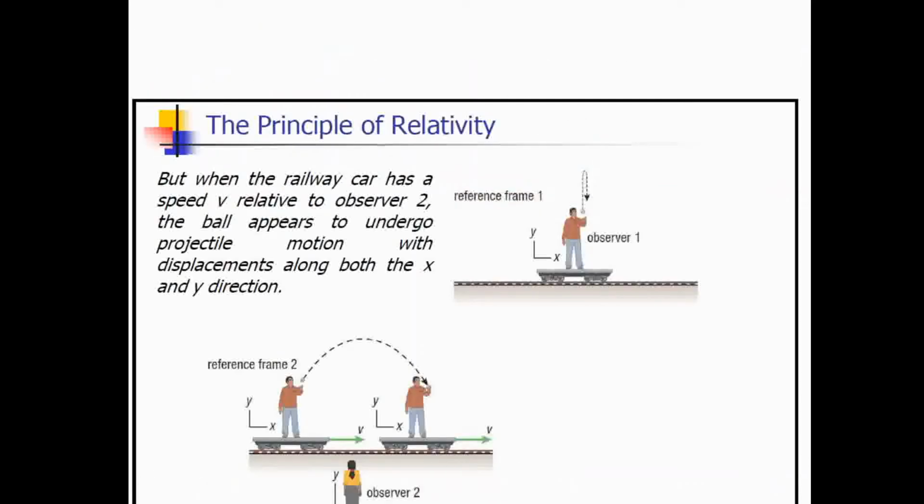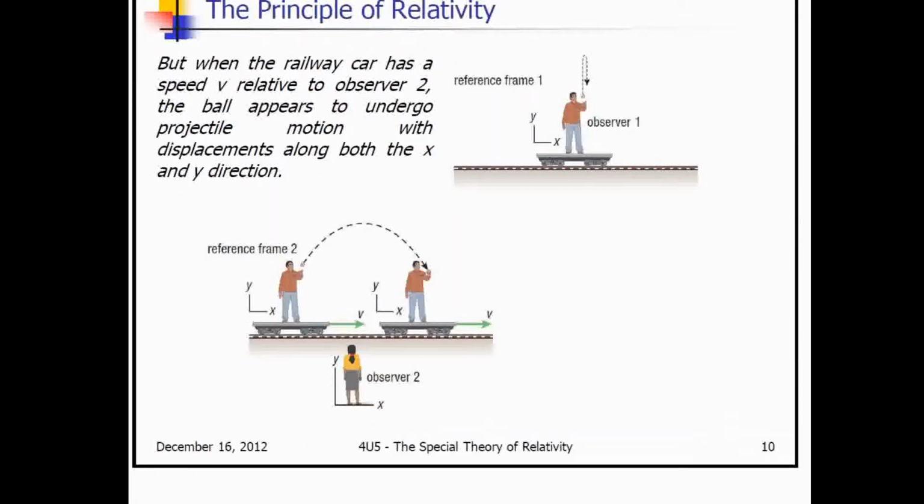Now let's add another observer, a stationary observer. So this woman here is not on the railway car. She's watching the person on the railway car, and as that person throws the ball up, for that observer, of course, the ball goes up and down in the same location.